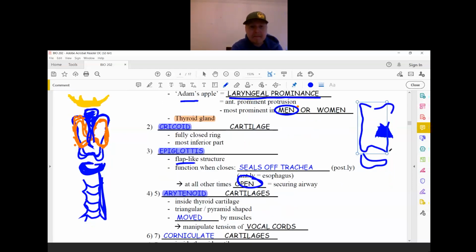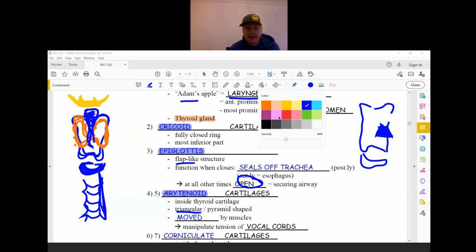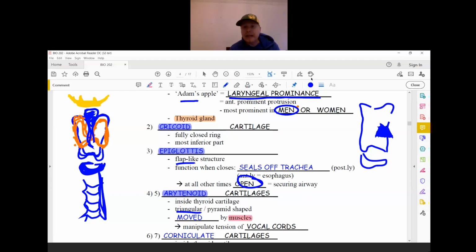And why it is important is that they are actually connected to a bunch of muscles, and these muscles help us to move these arytenoids, so to change their location, their angle a little bit.